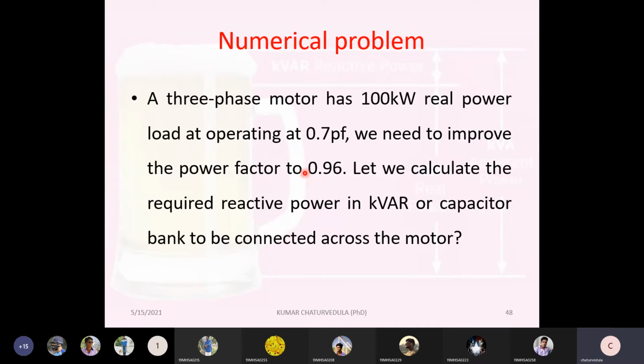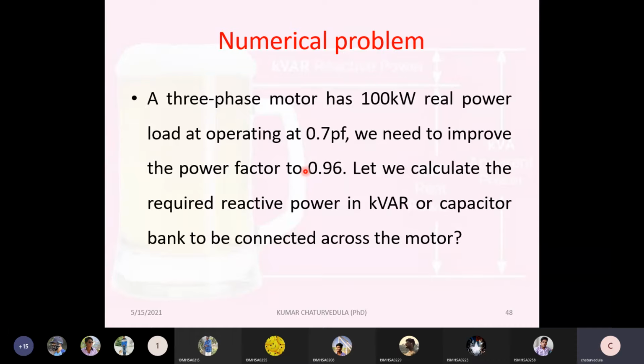Okay, so here everything is now clear to you. Power P is equal to 100 kilowatt, and initially PF1 is 0.7, so you will calculate cos inverse of 0.7. The second one is the power factor to be achieved, PF2, that is 0.96, so you will calculate cos inverse of 0.96.